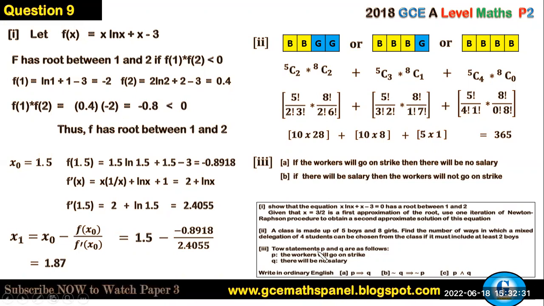So if there will be salary, that's negation of Q, then the workers will not go on strike. And the last one, the workers will not go on strike and there will be no salary.